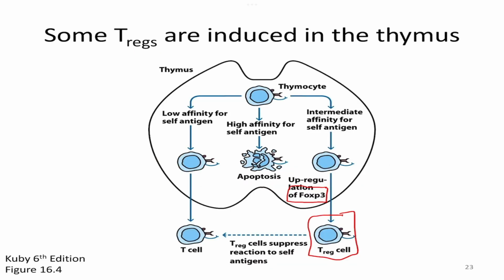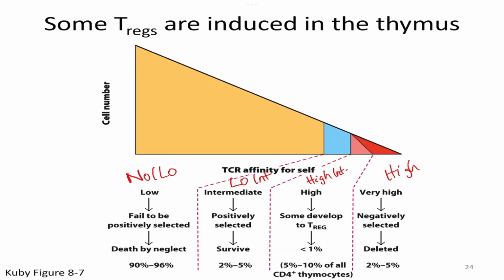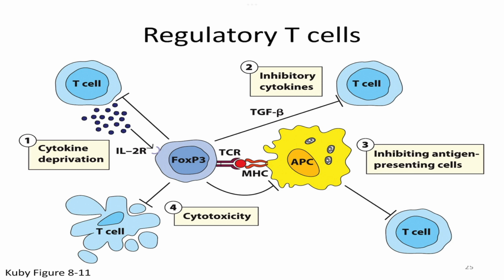So you can see these cells are coming out of the thymus as Tregs because they had sort of a little bit of a higher affinity for antigen, and they will go on to be Tregs. And so Tregs are able to suppress or inhibit other cell types in a bunch of different ways.